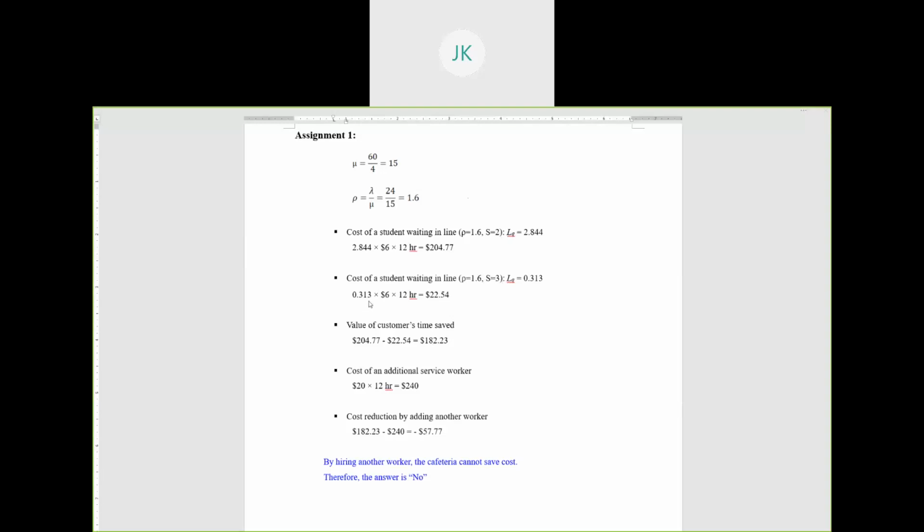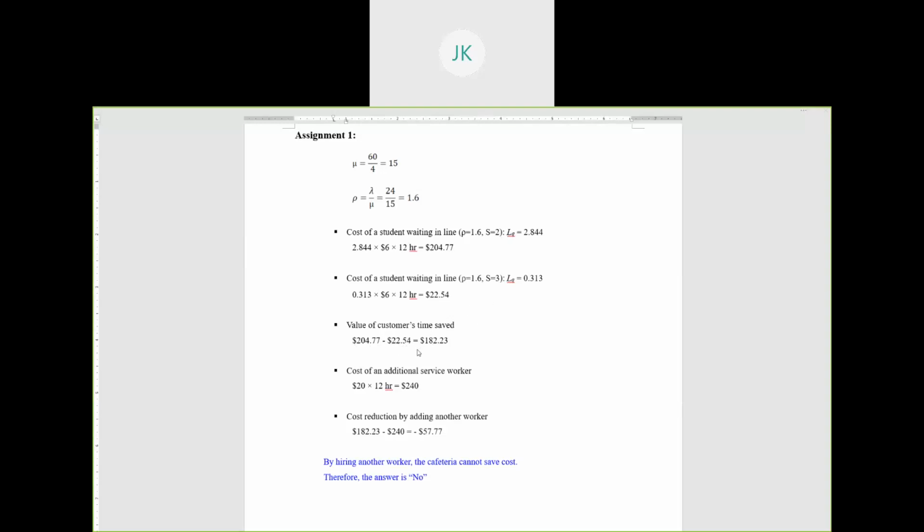When 3 workers work by hiring one more, LQ is 0.313 times $6 customer cost times 12 hours open, so $22.54. So when 2 workers work, customer cost is this one, and with 3, customer cost is this one.